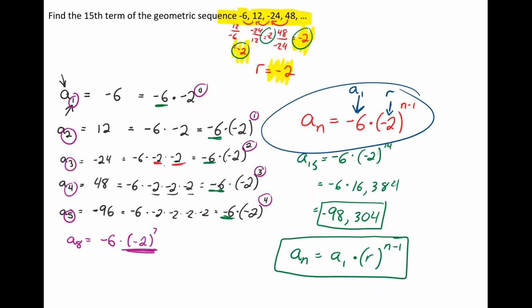And with that rule, any geometric sequence, that's a sequence being multiplied by a common ratio, you will be able to find any term in that sequence. I could find the 20th term, the 30th term, by just plugging in 30 or 20 or 111 in for n, and you'll find that 111th term. Pretty neat.